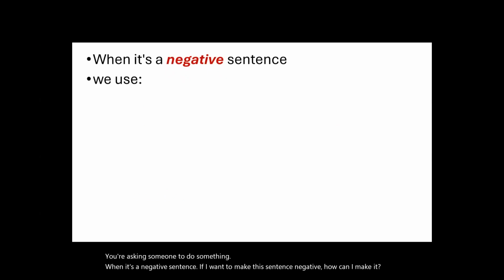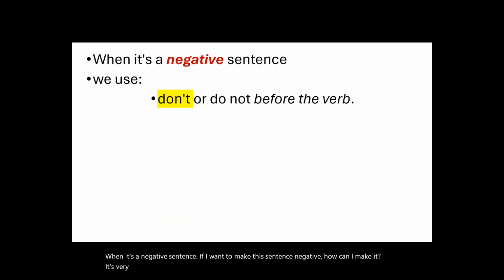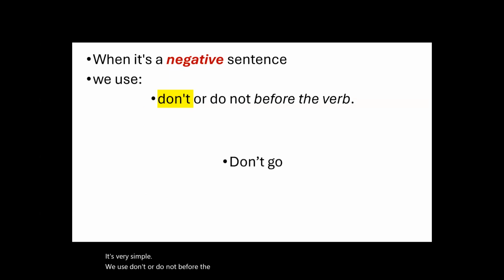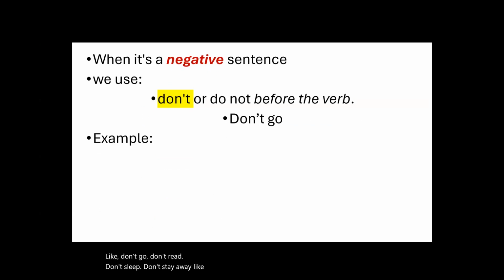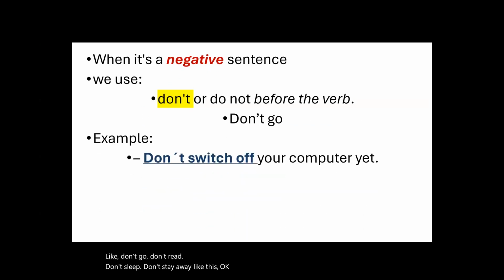It's very simple. We use don't or do not before the verb, like don't go, don't read, don't sleep, don't stay away, like this.